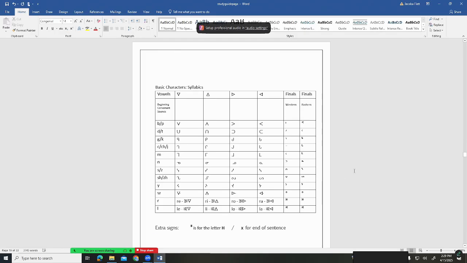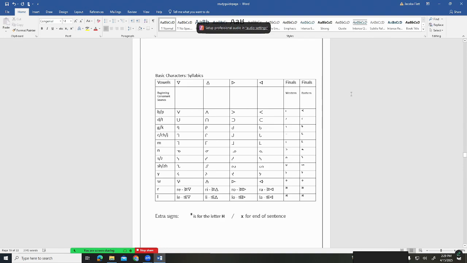So the basic characters are written in syllabics. So for the next exercises, we're going to review the charts. So the vowels E, I, O, A are written on the top. Beginning consonant sounds.